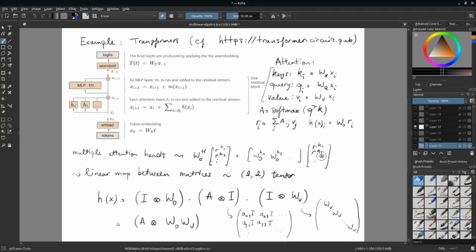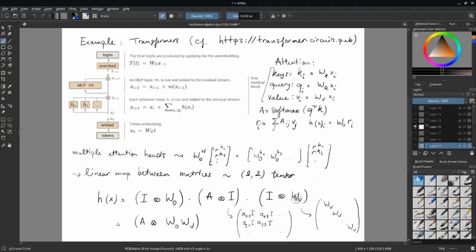But we can do a little bit better than that, because technically what we're looking at is a map that takes a matrix, my element xi, which has dimension the context length times the embedding dimension, and I want a linear map from this matrix to another matrix of exactly the same shape. If we want a linear map between two matrices, that's actually a 2-2 tensor. And so we can write it down.